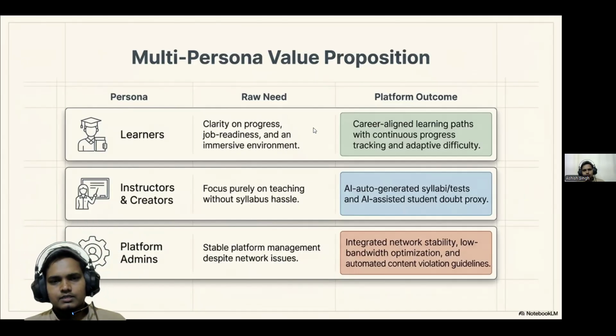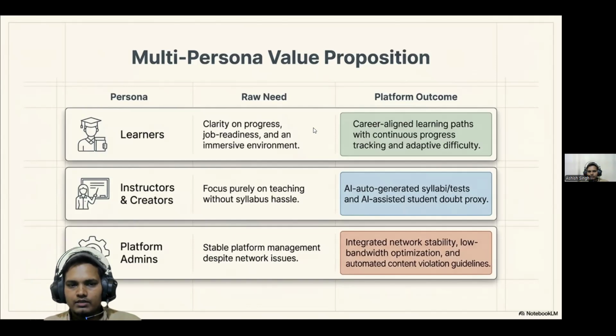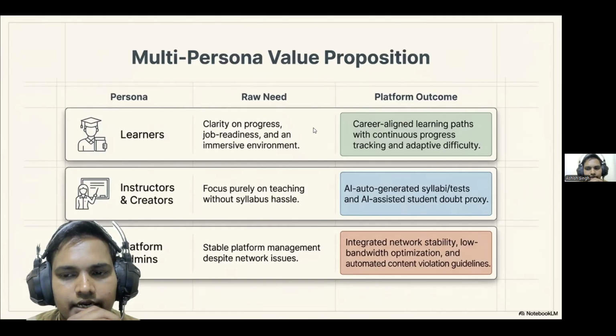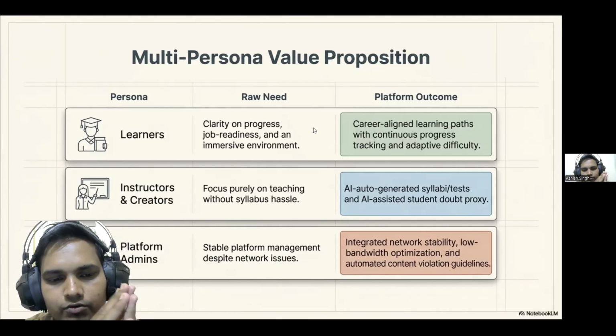For instructors and creators, we have to focus purely on teaching, so they do not have to care about platform-related hassle. The outcome we can give is AI-generated syllabus, tests, and so on, making it easier for them to teach rather than searching for the data or the topic they want to cover.